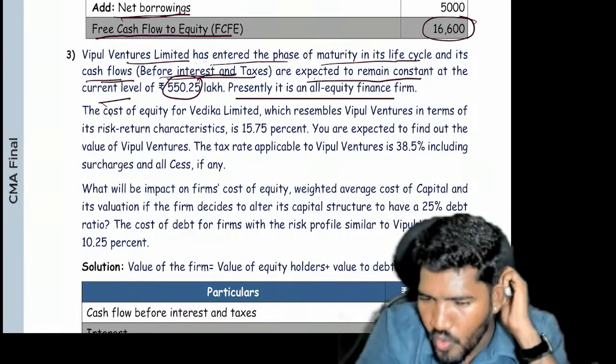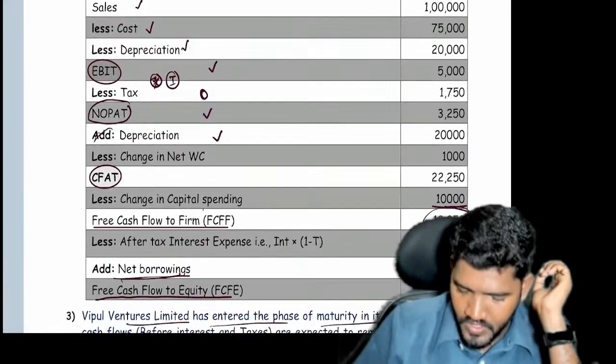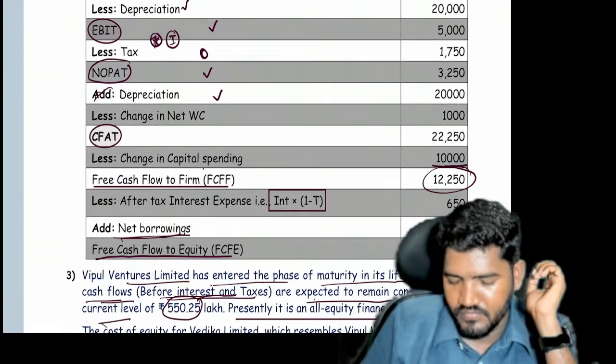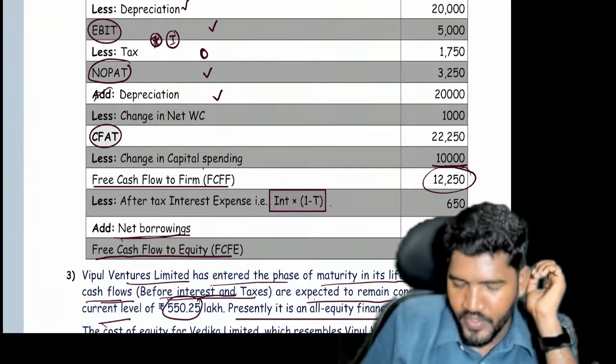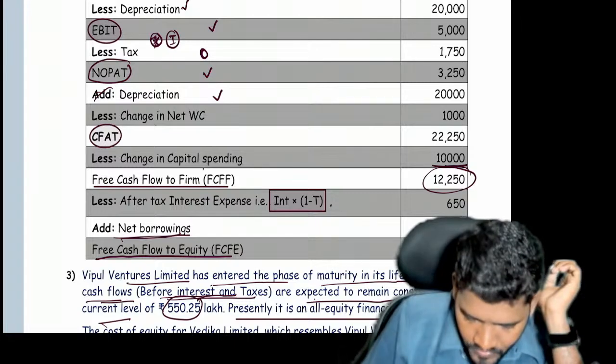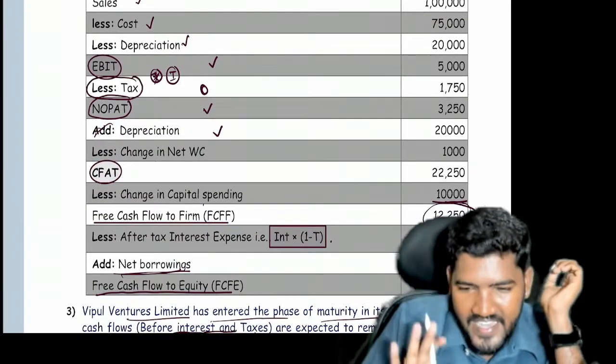Sir, if we are not deducting interest, will tax be affected? Yes. That's why only here we are taking net of interest. Here we are directly reducing the tax. Because of not reducing interest, we are losing the tax advantage, right?